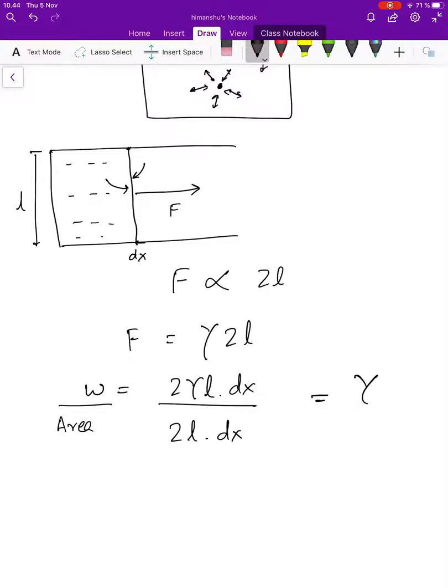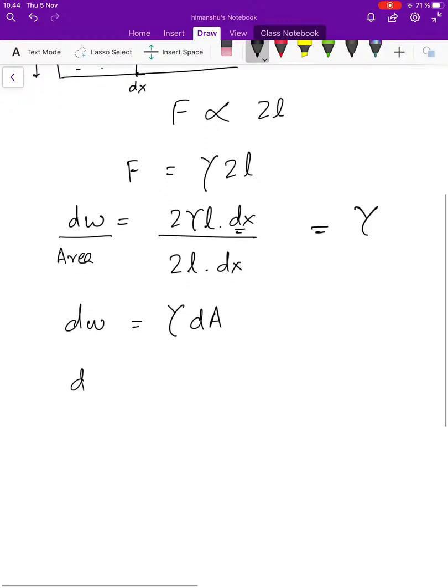Or in other words, since this is differential work, it is equal to the surface tension multiplied by a differential change in the area. This is very similar to expansion work that we have talked about earlier.